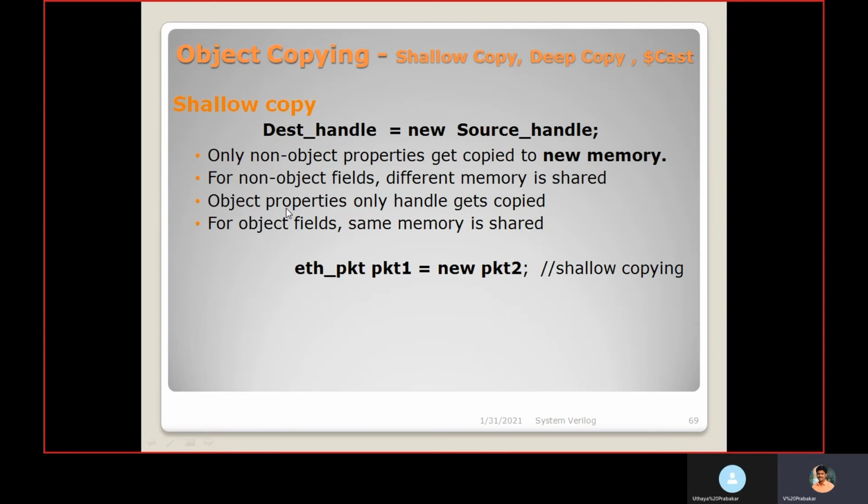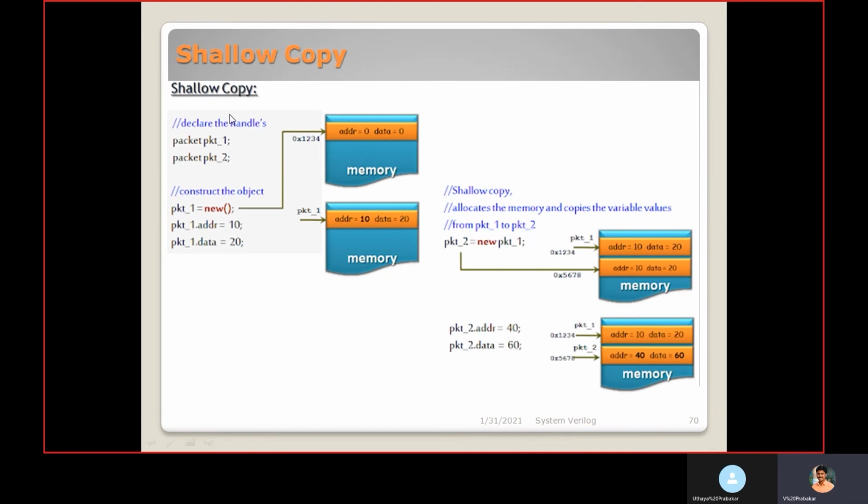Only the handle of object properties gets copied. So this is the limitation of shallow copy. For non-object fields, different memories are used, but for object fields, the same memory is shared. That we will discuss with the example. So this is the general syntax, and we'll understand how shallow copy is happening.